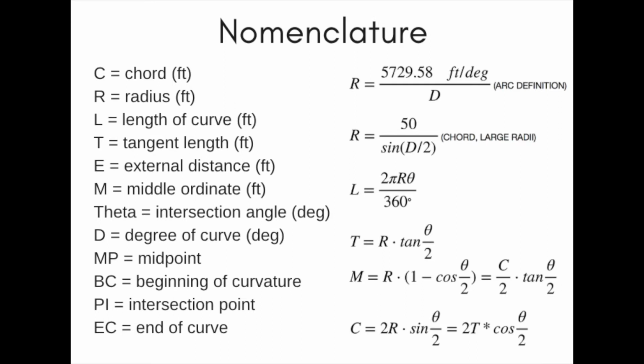So if we go back and look at our equation list, we have all the necessary equations that we need to solve this problem. And basically what we're going to do is use these equations in the following order. It goes T equals R tan theta over 2, one for the chord length and one for the middle ordinate.